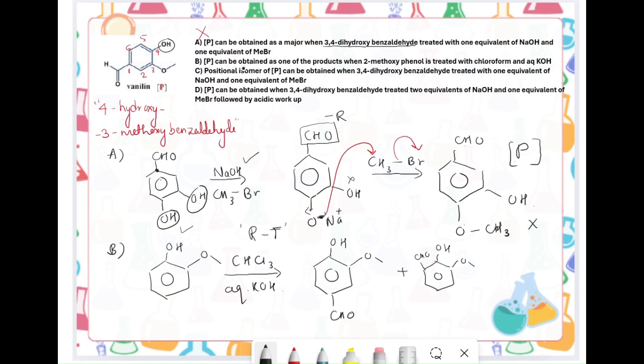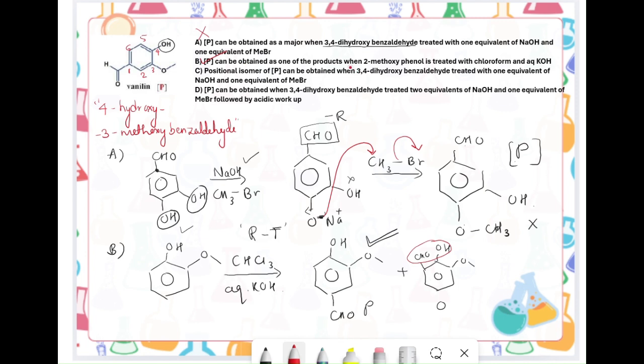But look at the statement, P can be obtained as one of the products. So I am getting para as well as ortho. It says one of the products. Yes, this is one of the products and statement B is correct. Remember students, usually ortho is the major product, due to intramolecular hydrogen bonding, but that's not the option.